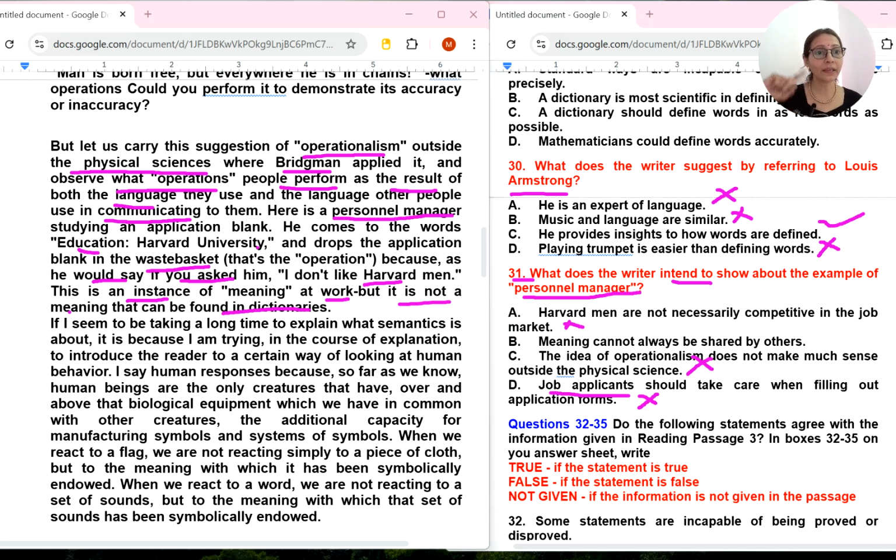Although he is not liking it and just putting all the applications from Harvard men into the dustbin, it is not explained clearly that job applicants should take care when filling out application forms. So 1, 2, and 3 are out. It means B will be the answer. Elimination theory is important in MCQs.